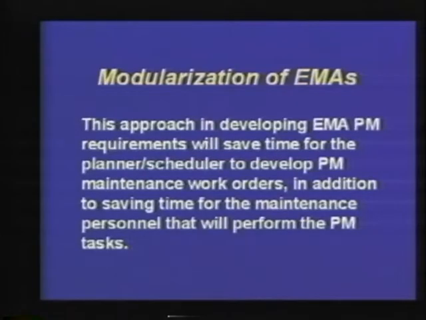In a moment, we'll look at a modularized picture of a computerized milling machine, and then we'll take a look at a spare parts structure in terms of how those modules can then be addressed relative to the spare parts that are going to be required at some point in time by the PM program.